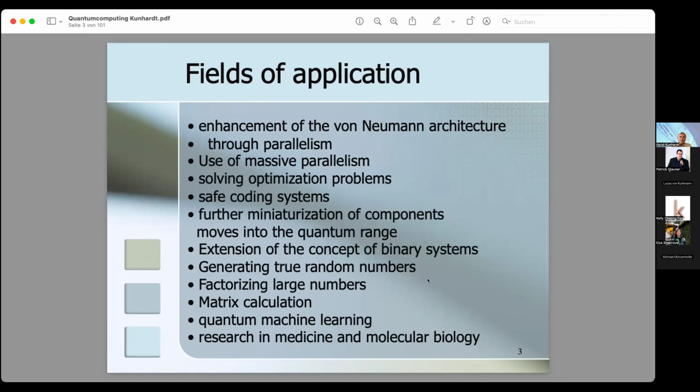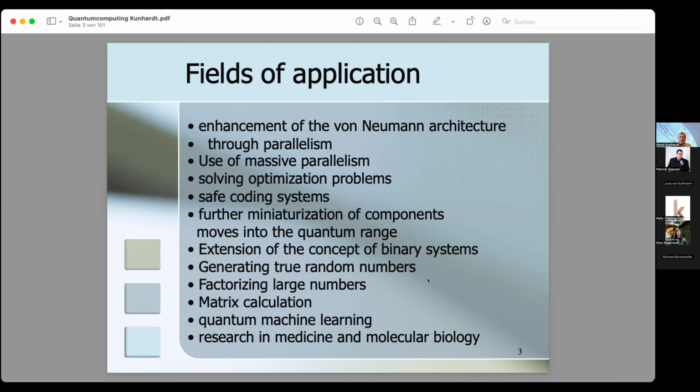Quantum computing is very good in the solving of optimization problems and to code safer systems. Patrick already introduced the developments of post-quantum cryptography, and the new recommendations from the National Institute of Standards and Technology. We also have a white paper of our Bundesamt für Sicherheit in der Informationstechnik, our Federal Institute of Computer Security.